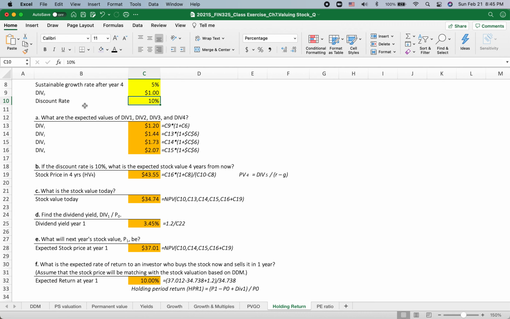If we use this rate for the expected return, then that is the expected rate of return. If this rate is used to calculate the holding period rate of return for 1 year, that is the holding period rate of return.